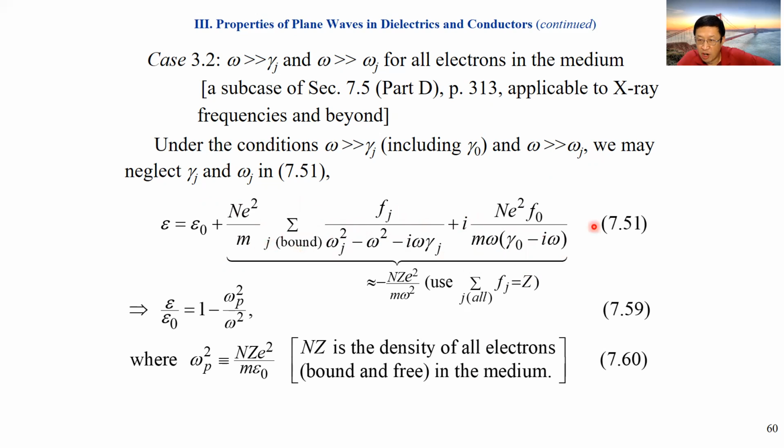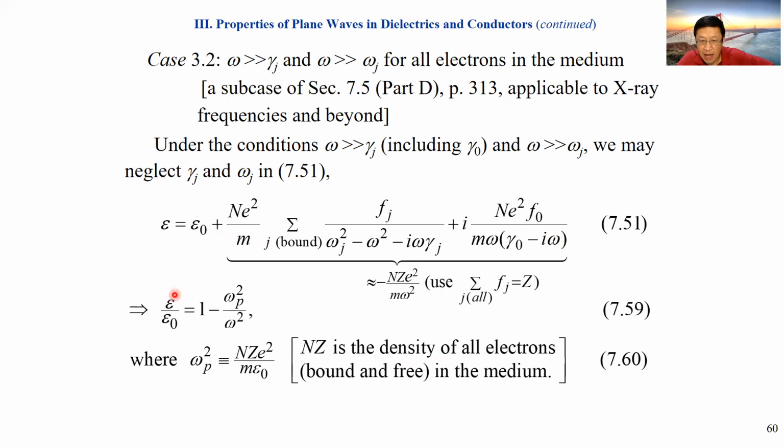N f j, sum over j, N f 0. So this one considers all the charges. Atomic numbers: this is all the charges. N Z is the density of all electrons, bound and free, in the medium. So this part becomes very easy: minus N Z e squared over m omega squared.